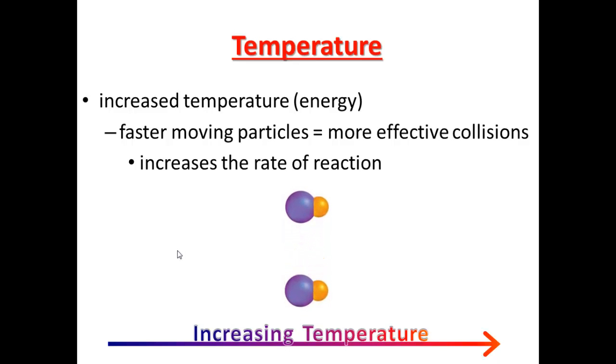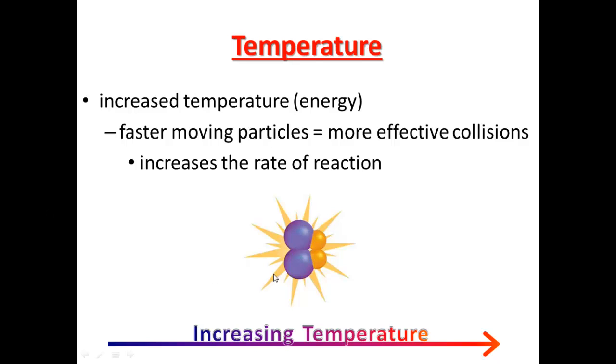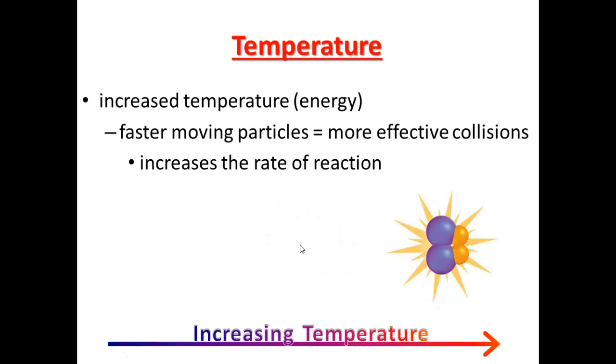However, if we're going a little bit faster, let's say 35 miles per hour, and we hit another car, there's more chance that there will be some type of dent or damage. However, if we're on the interstate and going super fast, this is going to pretty much create damage every single time we collide with another car. So increasing the temperature, increasing the kinetic energy, is going to have more effective collisions, so it's going to increase the rate of the reaction.